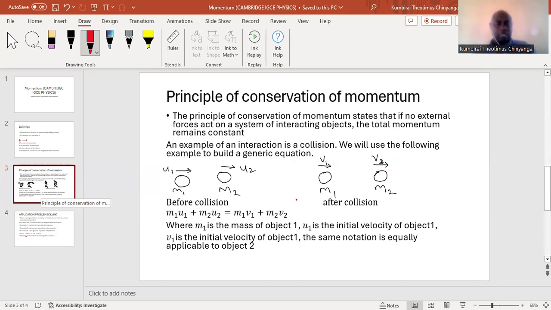When you use those terms, the generic equation is as shown here, where the terms are as defined. This is our generic equation, meaning that it is generally applicable. It's just a general equation which shows the principle of conservation of momentum mathematically.